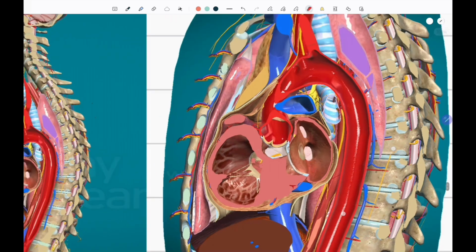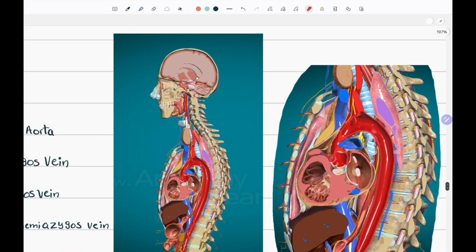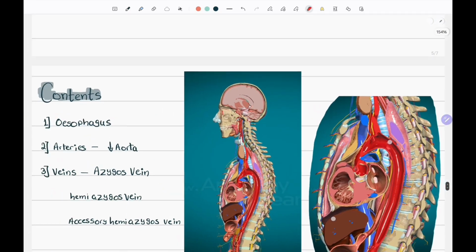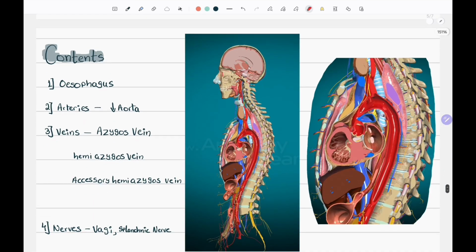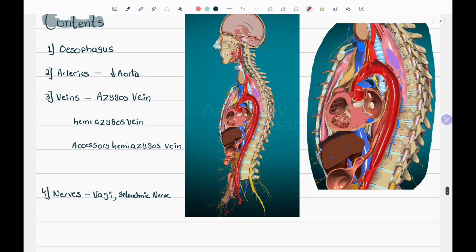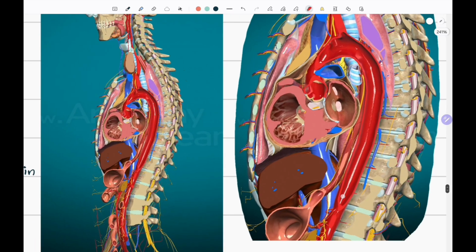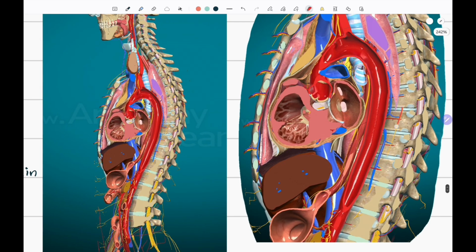I've already made a video on the azygos vein. So anytime you can check it out. And lastly, I have the vagus nerve and splanchnic nerve. So this nerve is our splanchnic nerve, and I already told you about the vagus nerve.